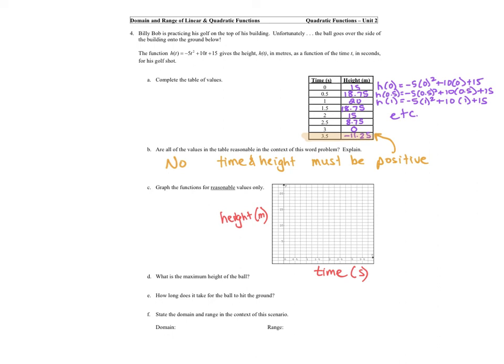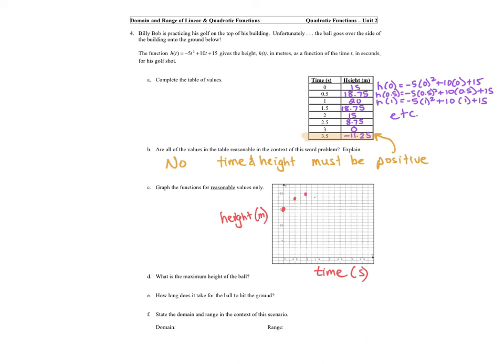So at 0 seconds, the height is 15. At 0.5 seconds, the height is 18.75. That's about here. At 1 second, the height is 20.